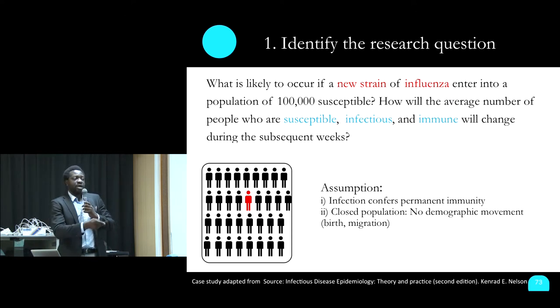So we have a closed population here. And let's also assume that if you become infectious, you will later become immune. And when you become immune, you're protected for all your life. So we have two assumptions here. So we have our first step here, it's our research question.